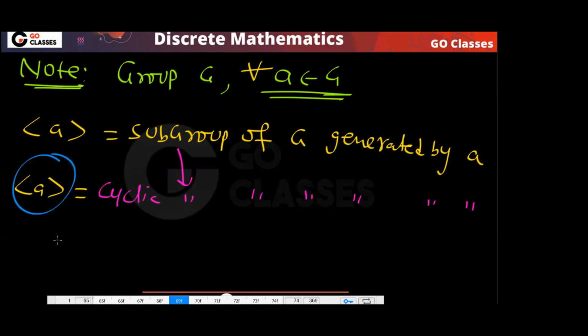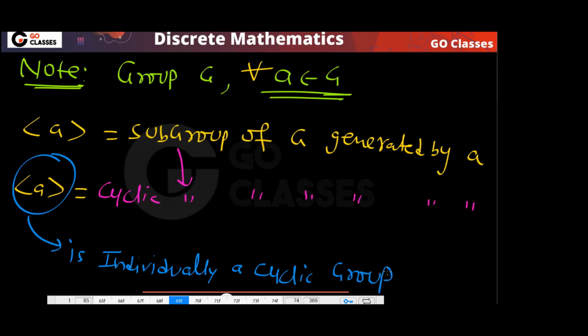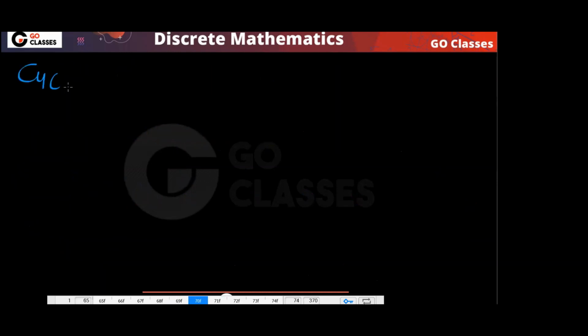So this is individually a cyclic group. Cyclic group versus cyclic subgroup: yes, this is the difference.